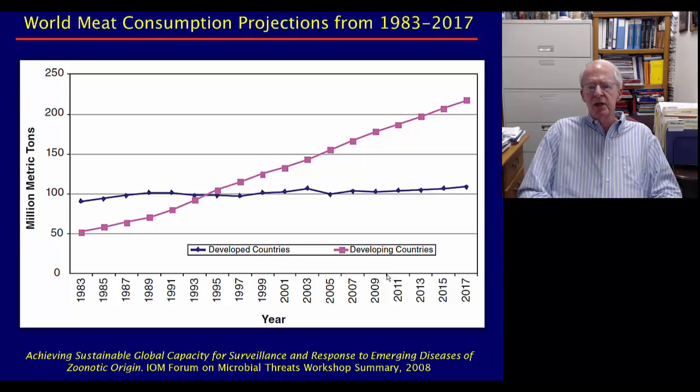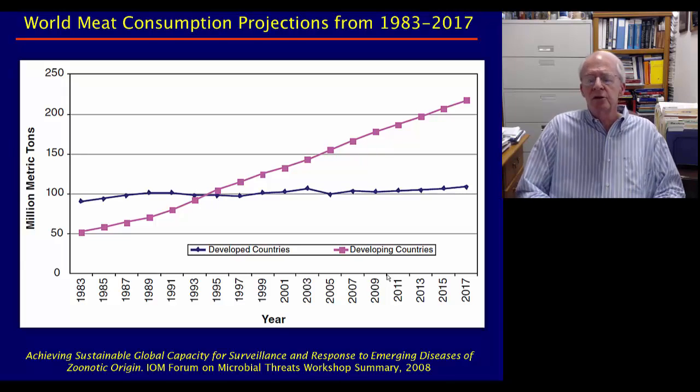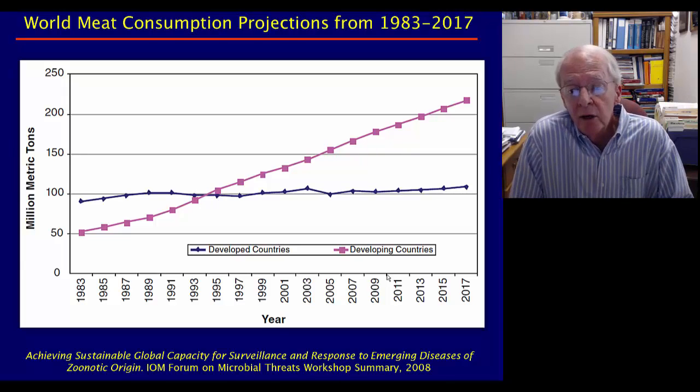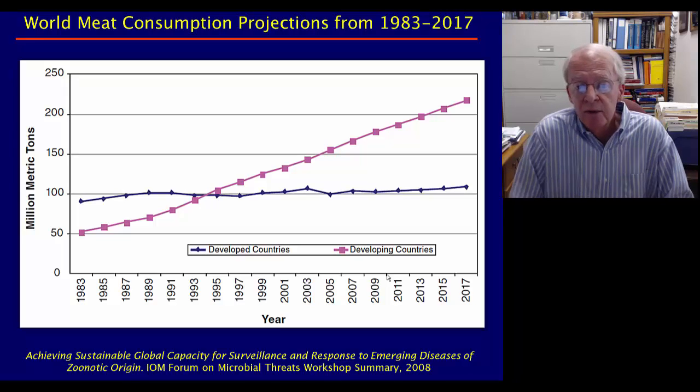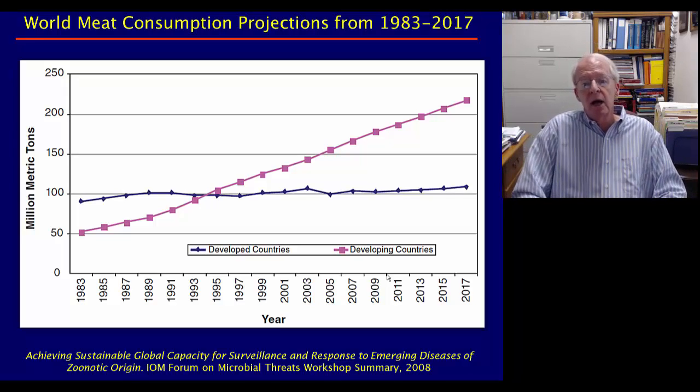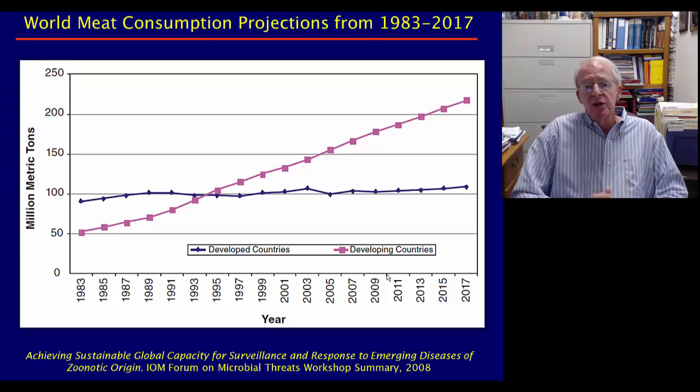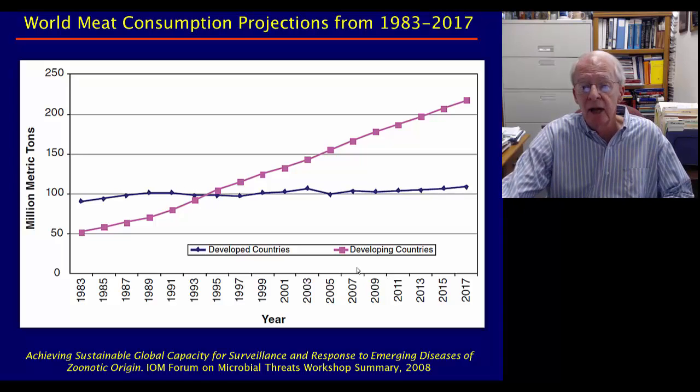And again, you'll see that the increase is attributable almost exclusively to that occurring in low-income developing country settings, shown in the red line. You can imagine what this means in terms of the increased intensity of human contact with livestock and other sources of dietary meat products, such as bushmeat.